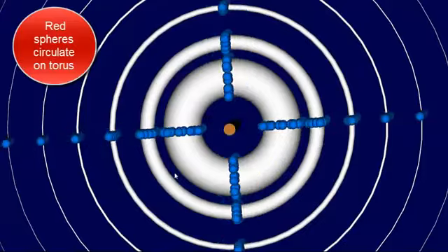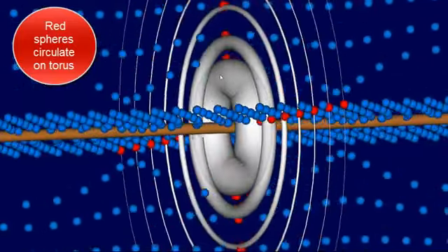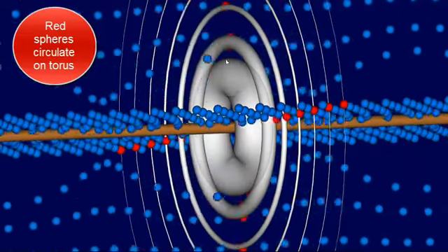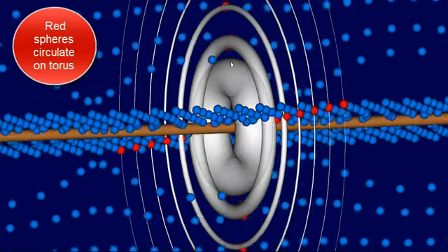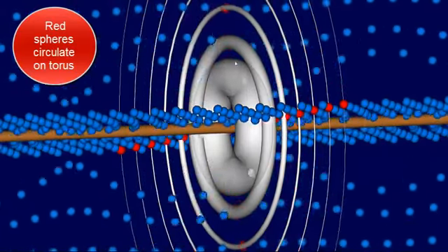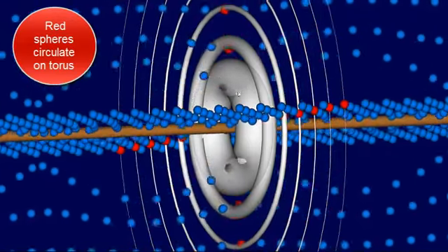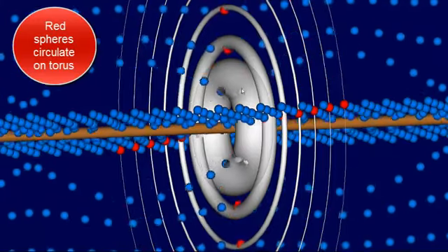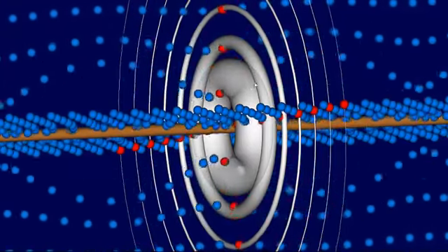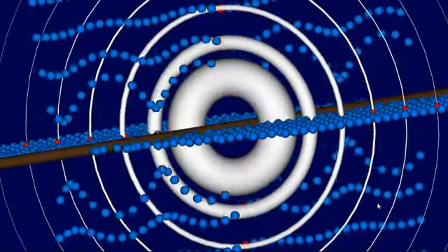I am only showing two orthogonal views, but as you can see, all the molecules of ether are circulating in a circular fashion, not around the torus, but through the torus. That's going through, up, inside, outside, inside, outside. Let's look at it from this view.